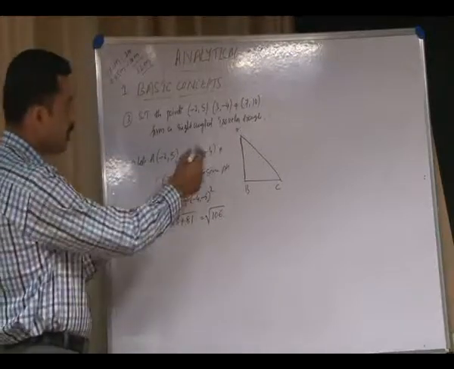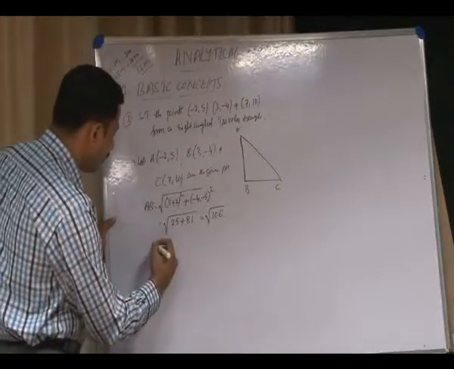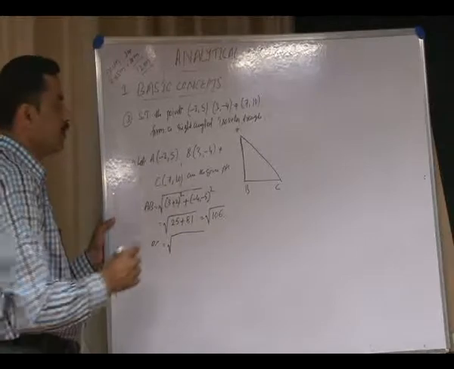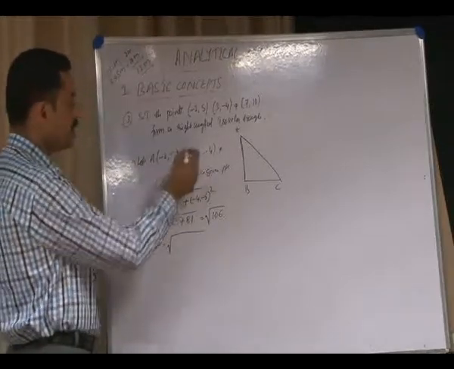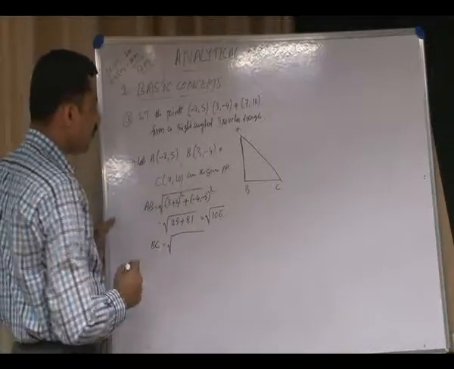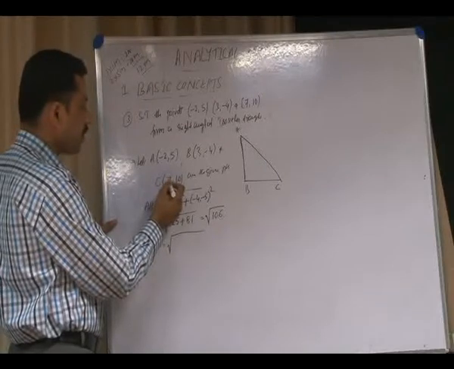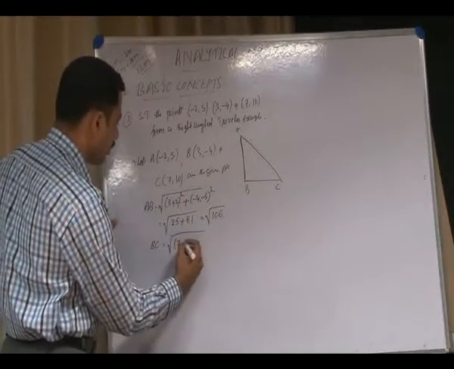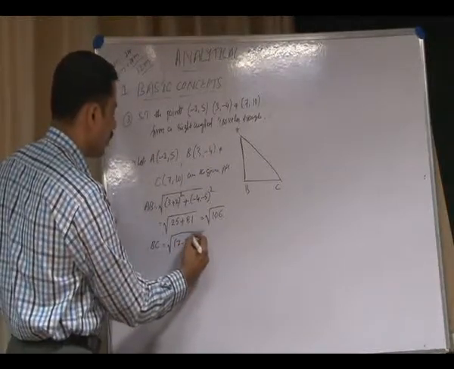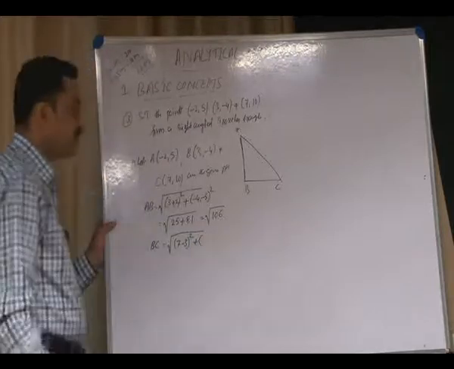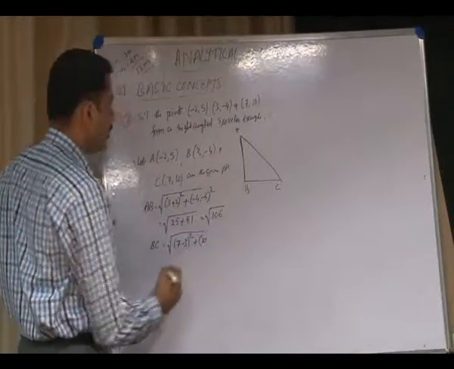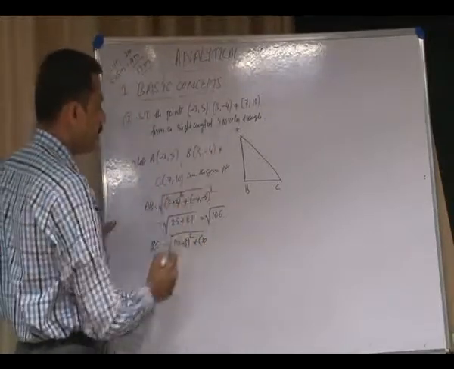Similarly, we are going to calculate the distance between B and C, that is BC. BC is equal to square root of x2 minus x1 whole square plus y2 minus y1 whole square, where B is the first point and C is the second point. x2 is the x coordinate of the second point C, 7, minus x1, the x coordinate of the first point B, that is 3. So 7 minus 3 whole square plus y2 minus y1 whole square. y2 is the y coordinate of C, that is 10, minus y1, the y coordinate of B, that is minus 4.